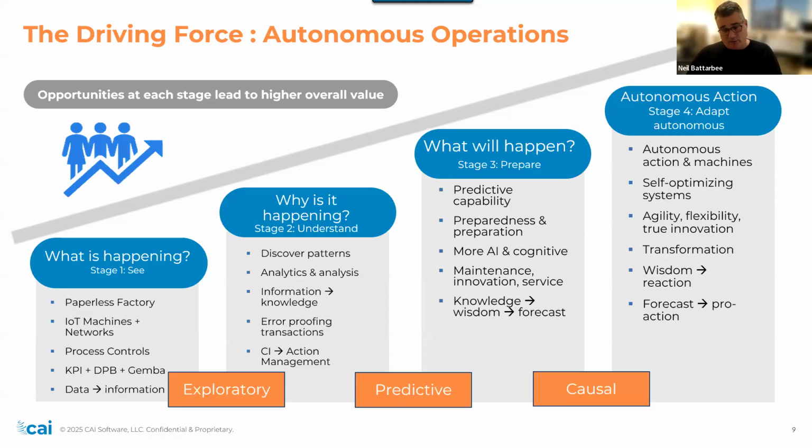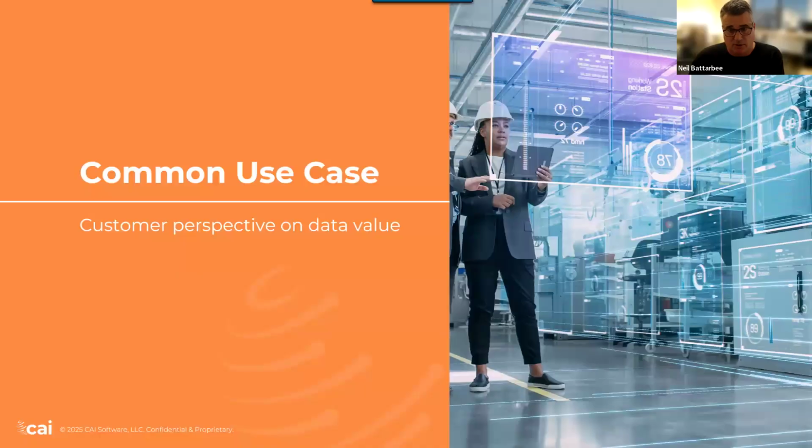For most of our customers, within the manufacturing execution world and the connected worker world, there's too much labor still involved to have that autonomous process. But I would say stage 3, predictive capability, leveraging AI and cognitive models, is where we should all be aiming for in the next, have some use cases in 2026, guys. Keep following our channel, and we'll make you aware of what we're working on.